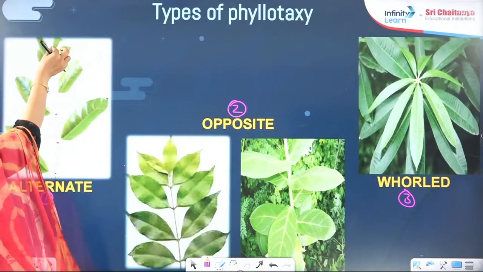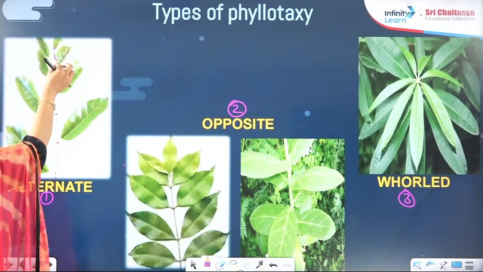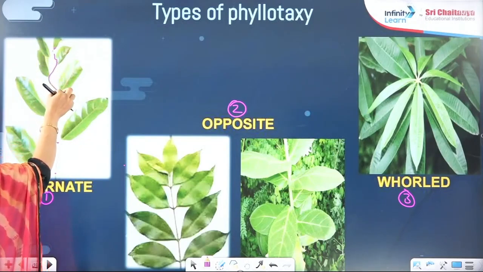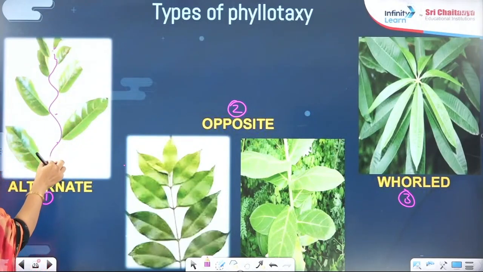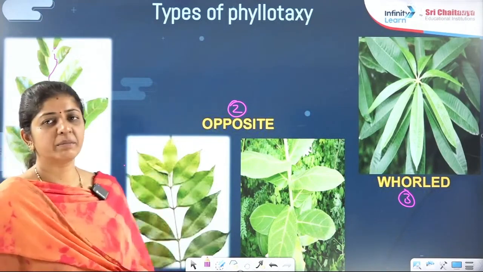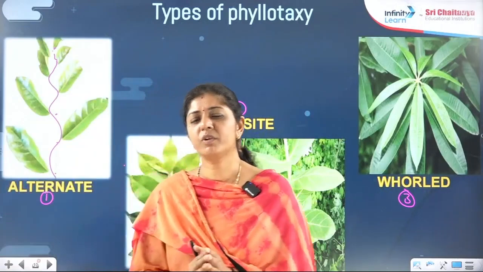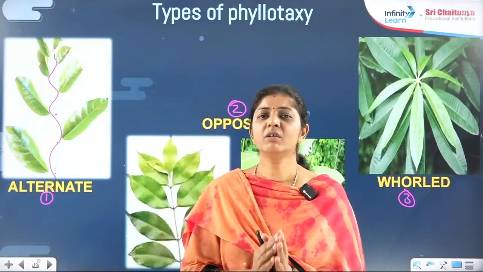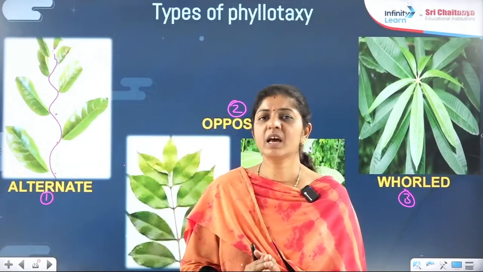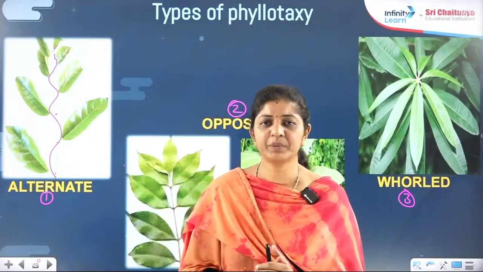If I tie a thread here, you will find if I make it go like this, it will show you like a spiral winding around the stem. So that's why sometimes we can call alternate type of phyllotaxy as spiral phyllotaxy, where leaves are arranged in alternate manner, right?